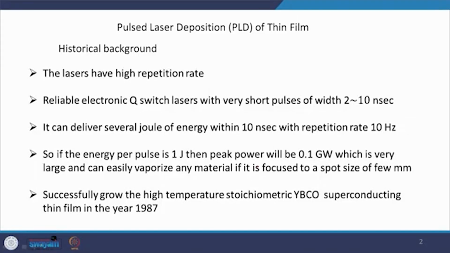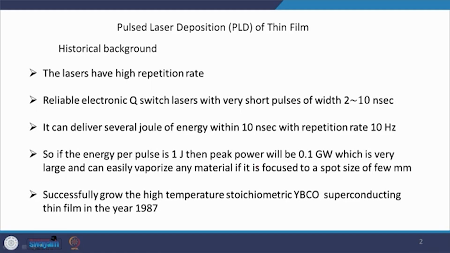Today I will talk more about pulsed laser deposited thin films, which is a very versatile and useful technique using the laser, and where knowledge about laser produced plasmas is also very useful. Now, I will talk about the historical background of the pulsed laser deposition technique.